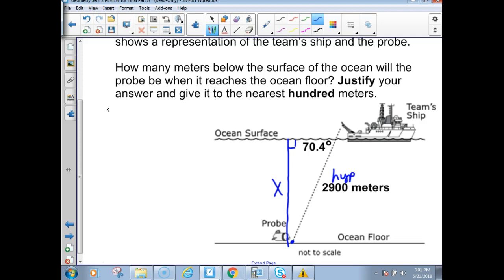All right, so first, we're going to use opposite over hypotenuse. We're going to use the sine of the angle, 70.4, equals x over 2,900. All right, because we need to find the opposite leg.